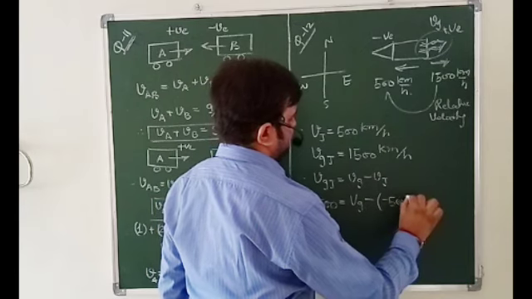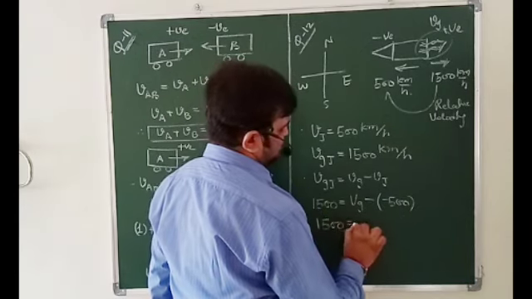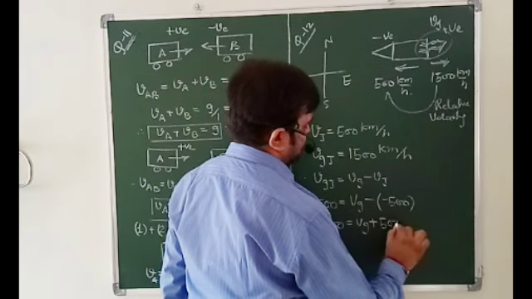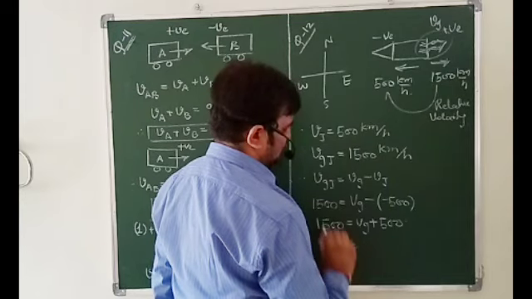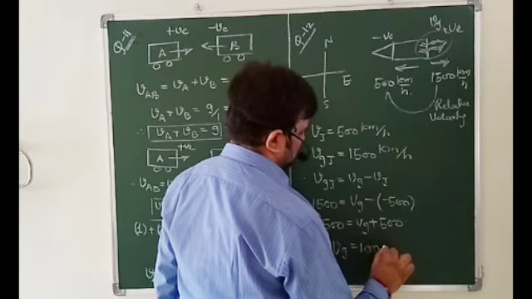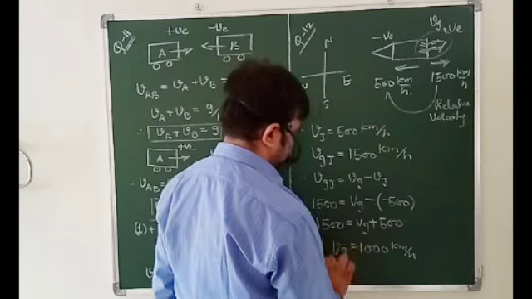So 1500 equals Vg plus 500. So the absolute velocity of the gas, or the velocity of the gas with respect to the observer, is 1000 km per hour.